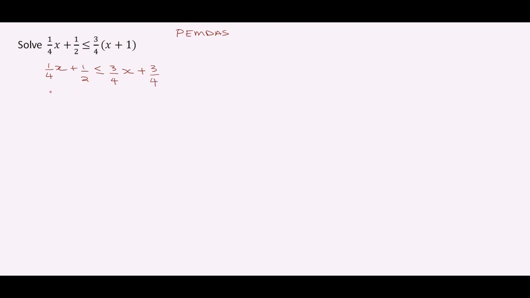Now, what we're going to do is subtract 1/4x from both sides. So 3/4 minus 1/4, that gives us 2/4. Okay, so now we have 1/2 less than or equal to 2/4 x plus 3/4.